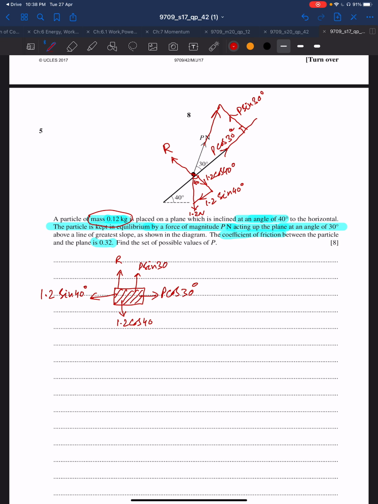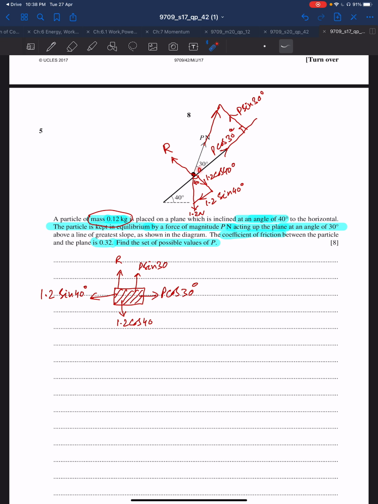Now they are saying find the set of possible values of P. Set means there would be an inequality, that is, from the lowest to the highest value of P. There are two things which we have to understand very carefully.